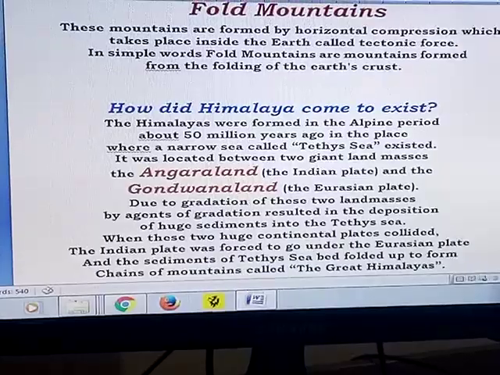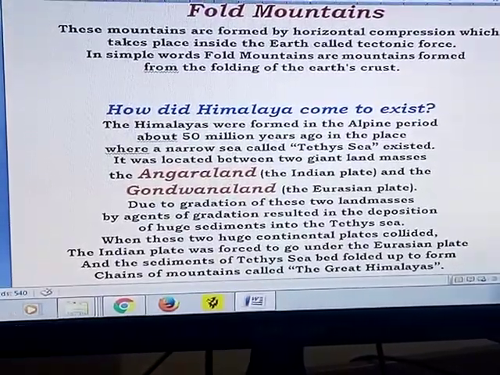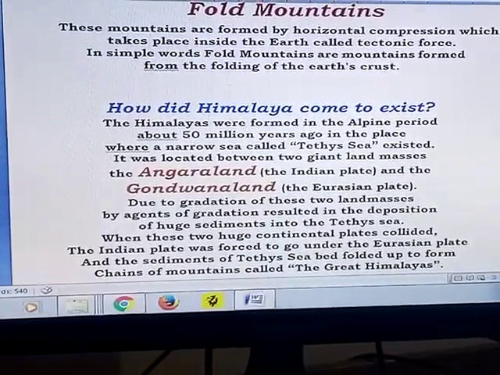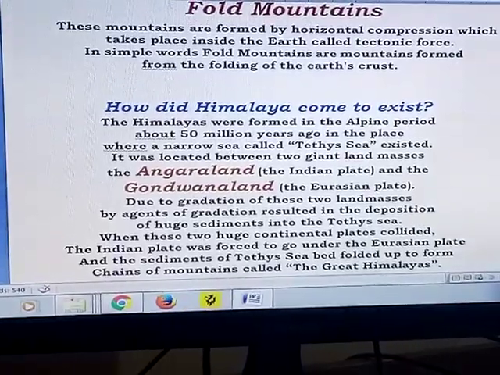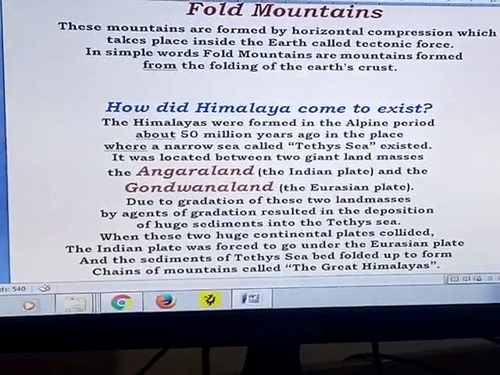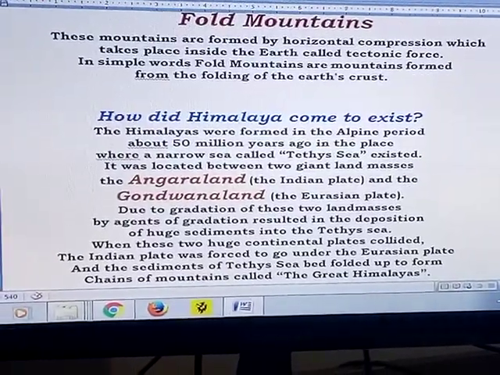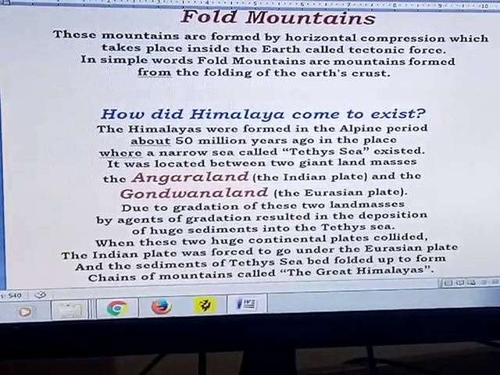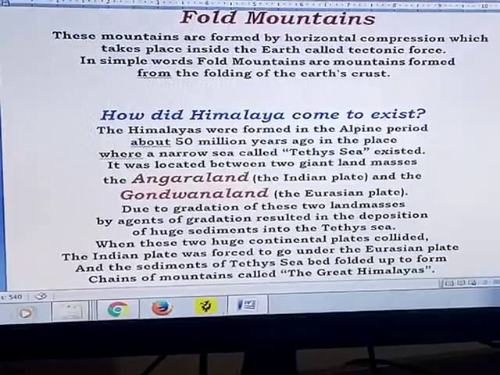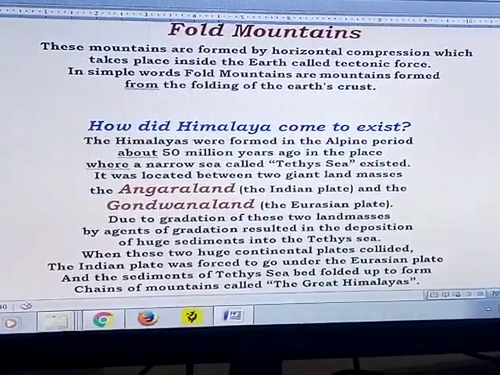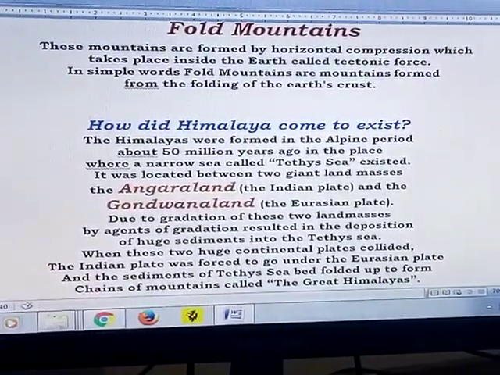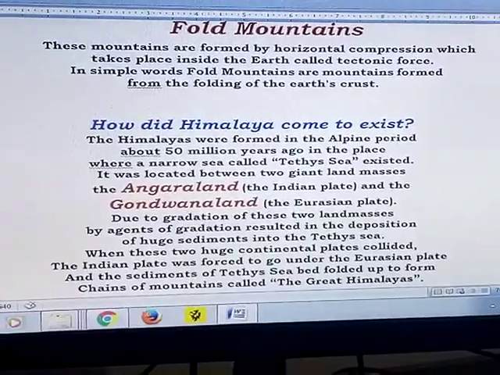Then what happened? Now, during the gradation, that means the internal forces, due to the gradation of these two land masses by agents of gradation, resulted in the deposition of huge sediments into the Tethys Sea.